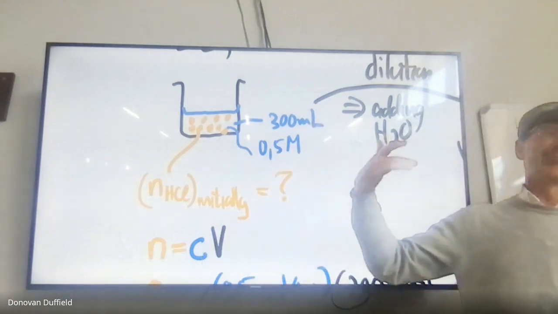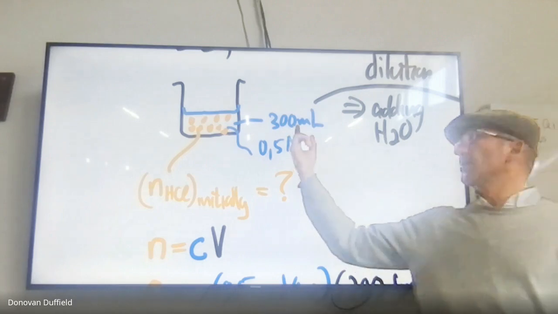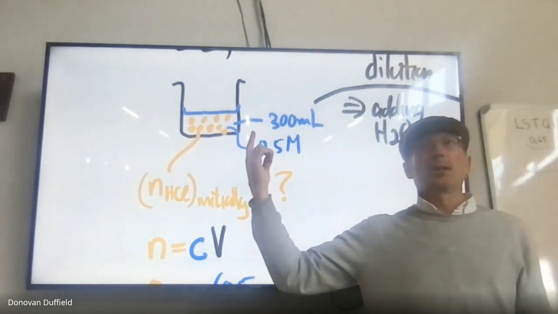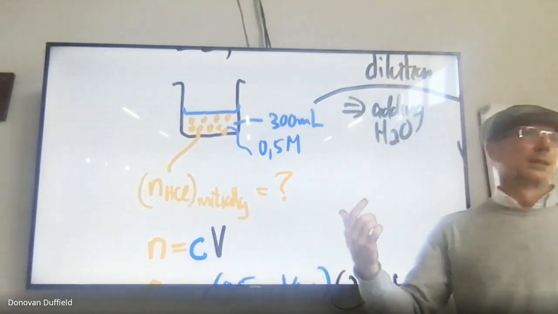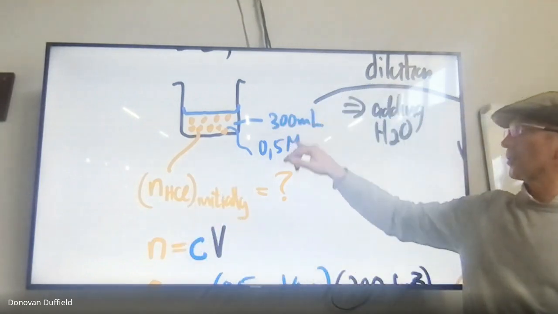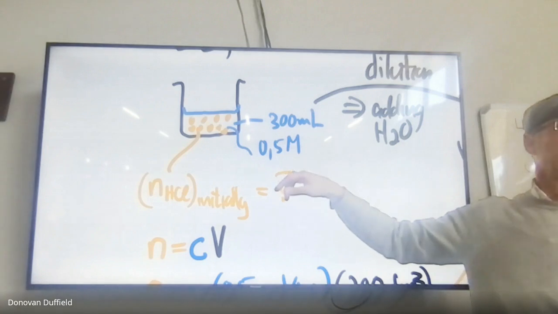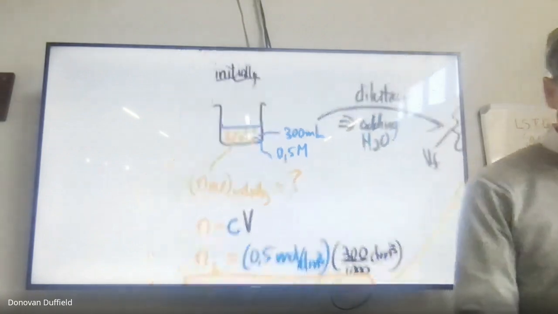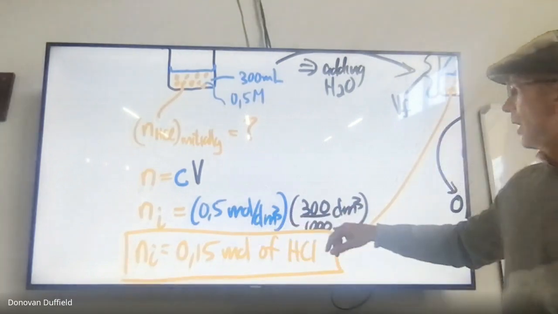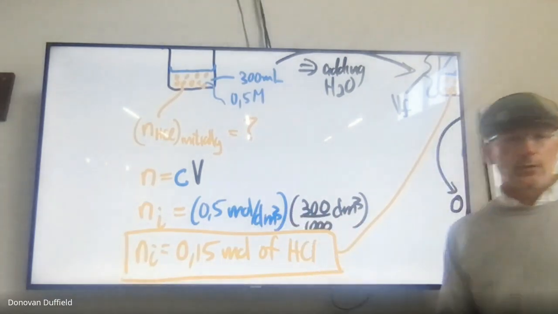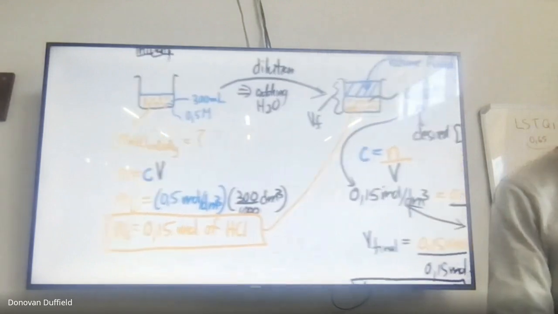Now I can tell you, ladies and gents, we're always going to give it to you in milliliters or cubic centimeters. We're not going to give it to you in liters. So you have to convert this to cubic decimeters. If you do that, you've got to divide 300 milliliters by 1,000, because there's 1,000 milliliters in a liter.